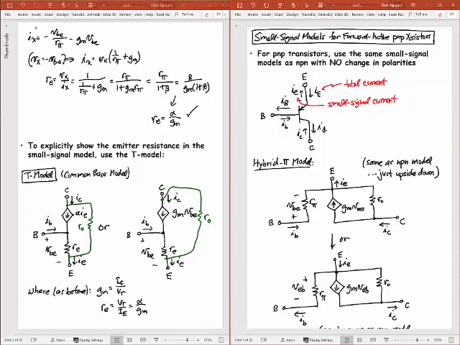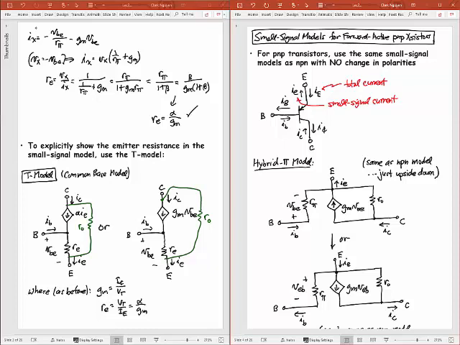But I will now talk about small signal models for forward active PNP transistors. And so a lot of our effort, in most courses, we spend a lot of effort talking about NPN transistors, but PNP, you know, usually I just leave that up to you to figure out.